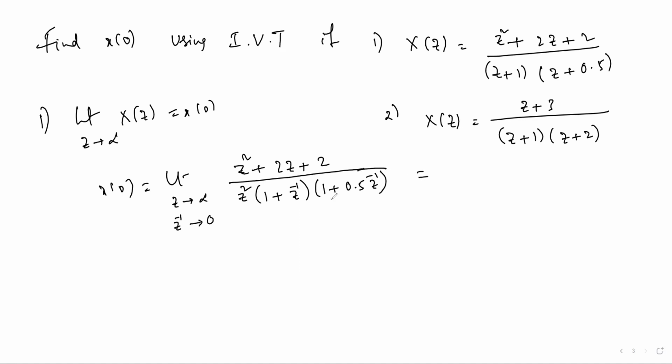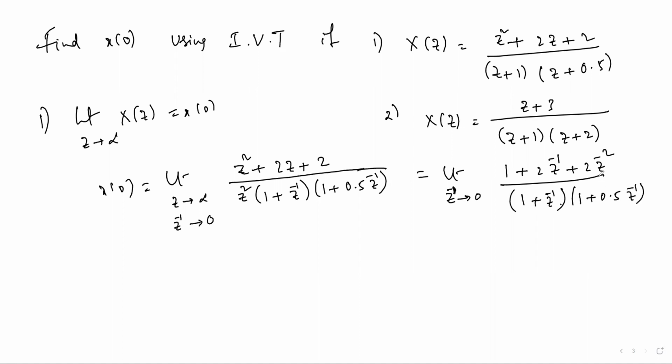Now this z inverse, if I take into the numerator, limit z inverse tending to 0, this numerator can be written as 1 plus 2z inverse plus 2z raised to minus 2 divided by 1 plus z inverse, 1 plus 0.5 z inverse.